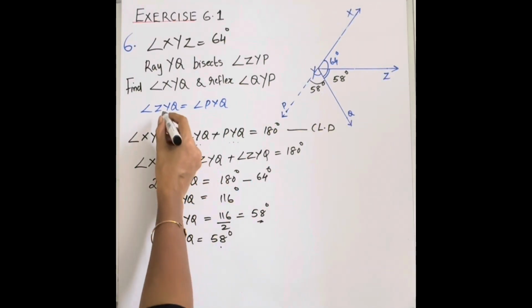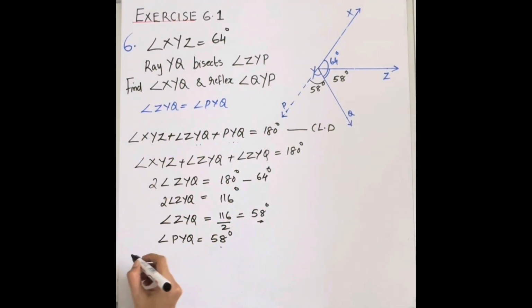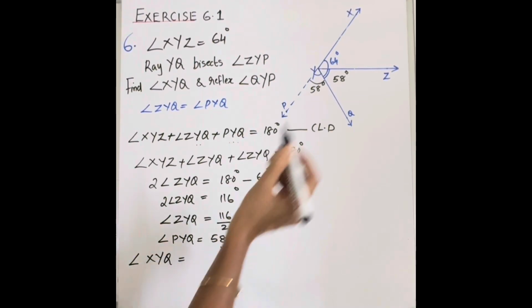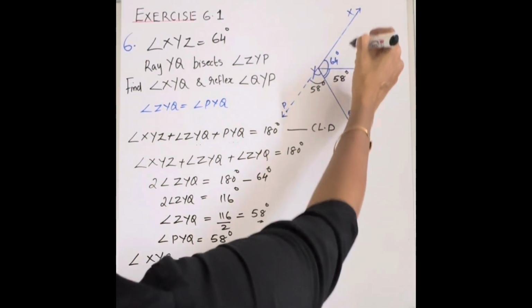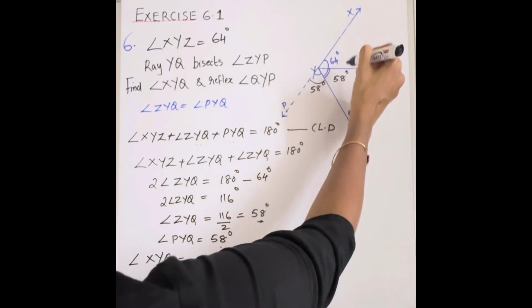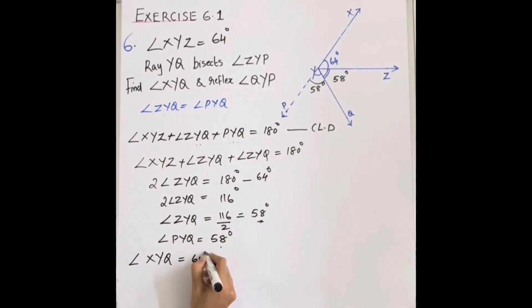And now we are asked to find XYQ. What is XYQ? XYQ is the addition of these two angles, that is 64 plus 58 degrees, which gives you 122 degrees. So this is the answer for XYQ. XYQ is 122 degrees.